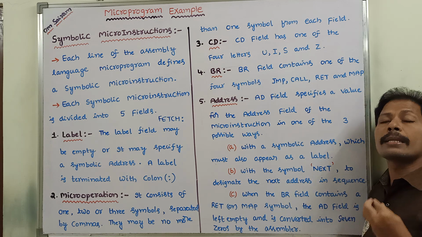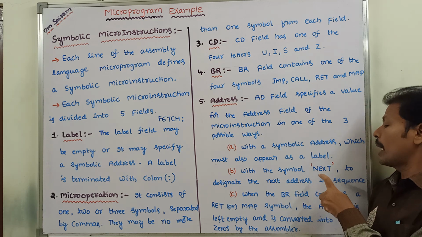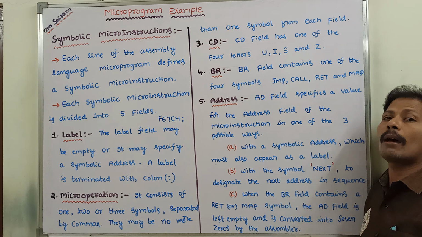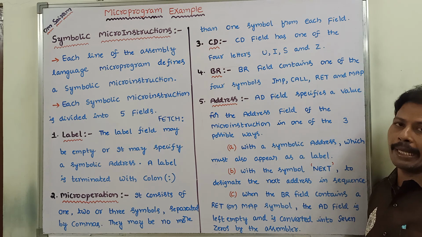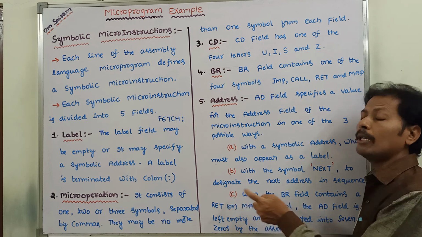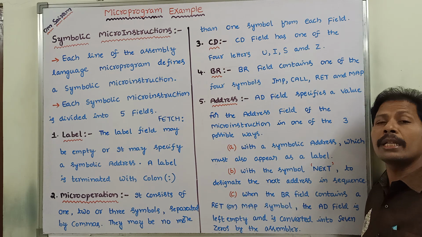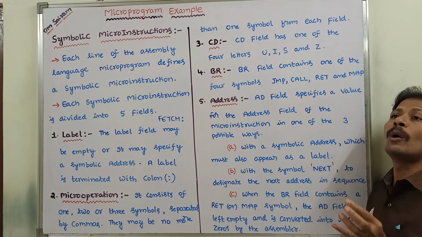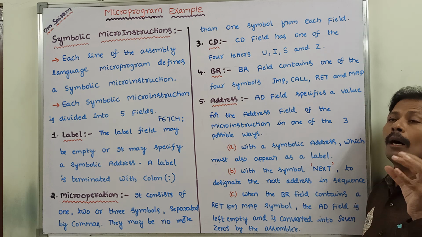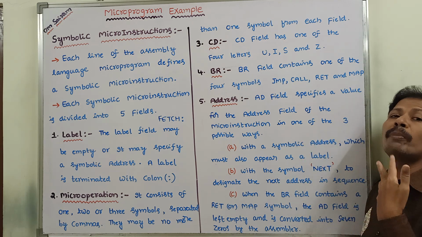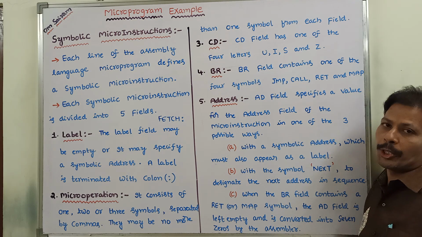Second one is in the address field, we specify the NEXT symbol. It determines the next address in sequence. Third one is when the BR field contains RET or a map symbol. At that time we put empty space in the address field that is filled with 7 zeros.